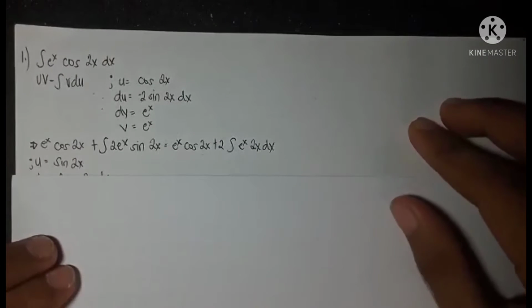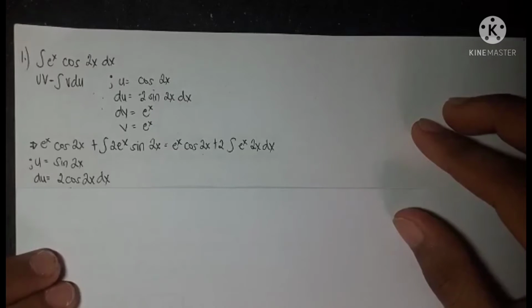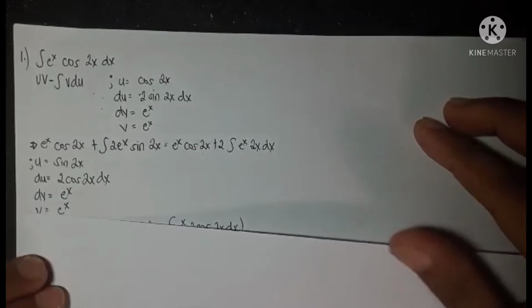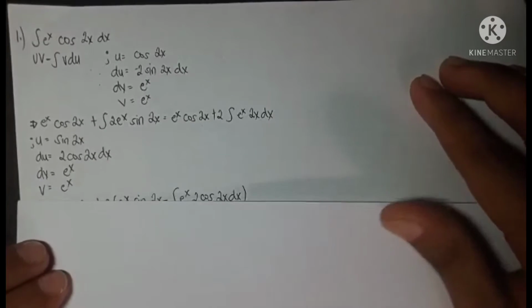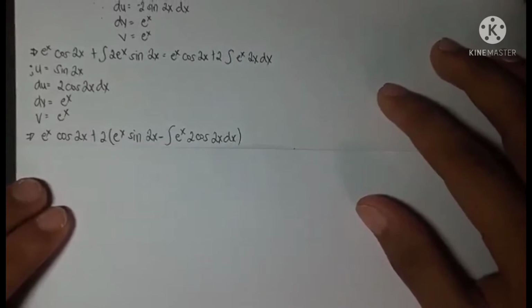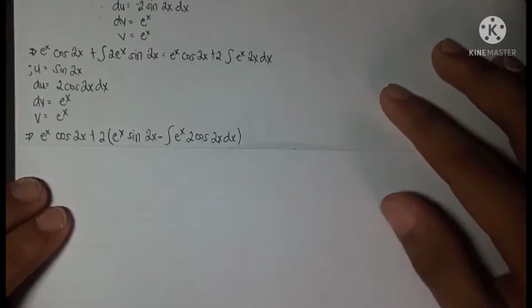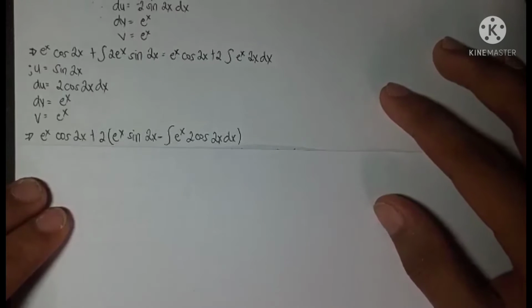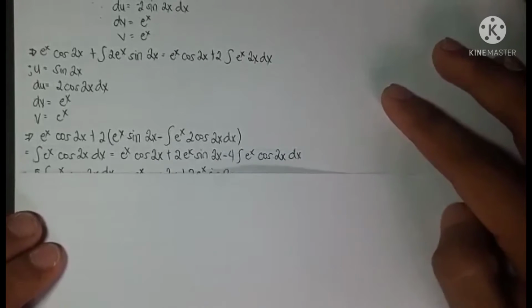dx. So, our u now here is sine 2x and our du is 2 cosine 2x dx. Our dv is e raised to x and v is e raised to x. Kalabasan nito is e raised to x cosine 2x plus 2 times e raised to x sine 2x minus the integral of e raised to x 2 cosine 2x dx.